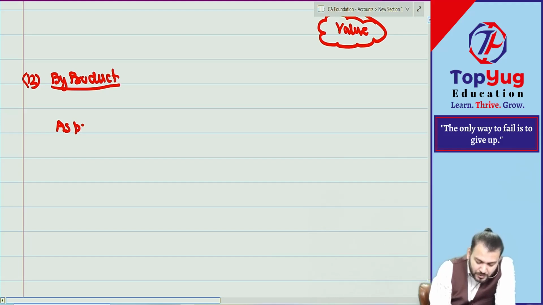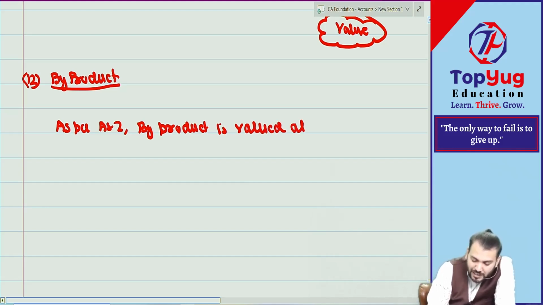Correct? As per AS 2, byproduct is valued at what? NRV. NRV means what? Correct. And such value is deducted from what?